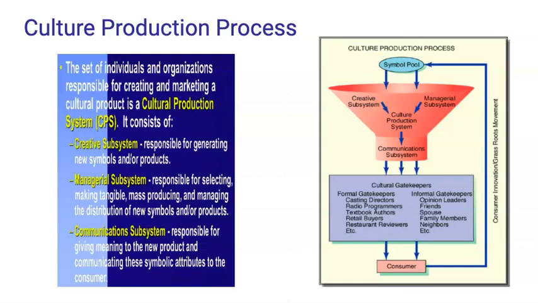So creative subsystems responsible for generating new symbols or products, combined with managerial subsystems, which are responsible for selecting, making, mass producing, and managing the distribution of these new symbols or products, are part of the cultural production system. And that is filtered down to communication subsystems, and that is responsible for giving meaning to new products and communicating these symbolic attributes to the consumer.